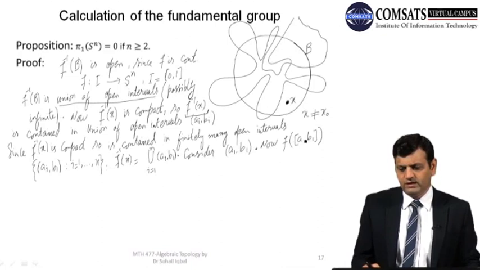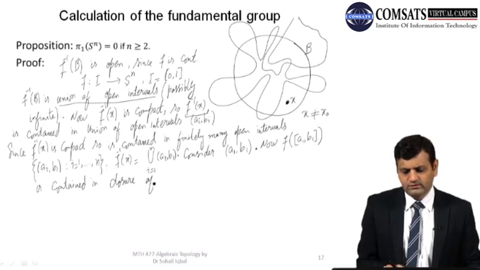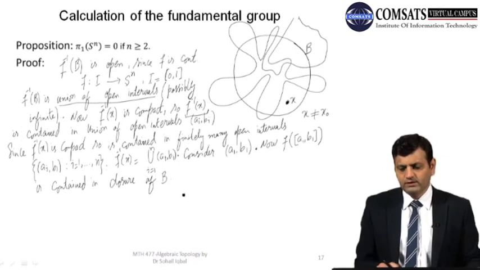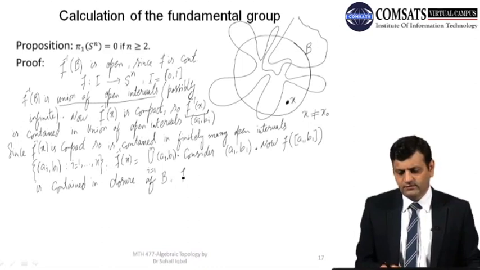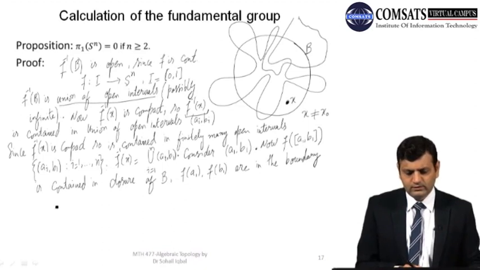Because f is continuous and a1, b1 is compact, and continuous image of a compact is compact, and this B is open, so this is contained in the closure of B. Okay, so now this point f of a1 and point f of b1 are in the boundary of B.